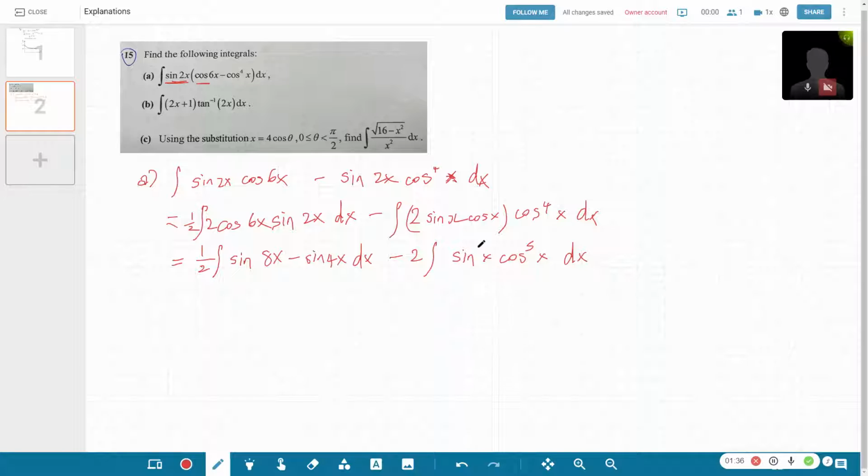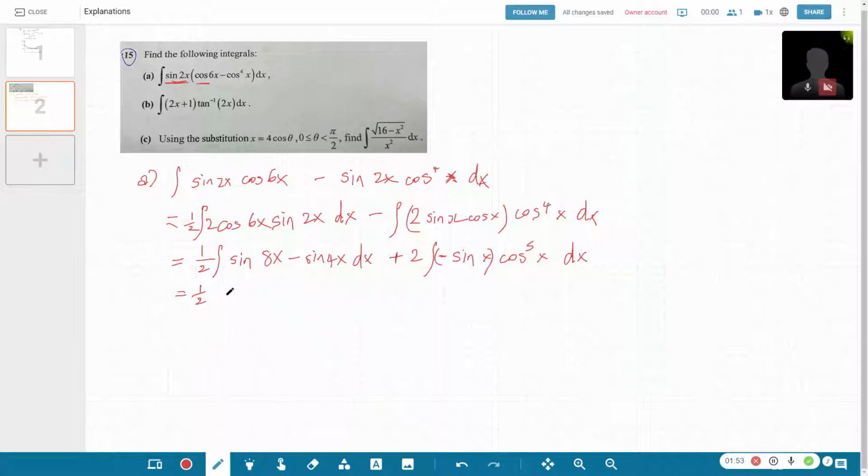Now you can see from here, this is going to be a f prime x of cosine x. When you differentiate cosine x, you get negative sine x. So I can actually put a negative sign here, turn that to positive, then put a negative sign here. So this is the f prime x of cosine x.